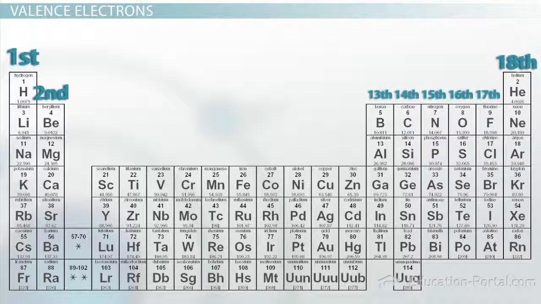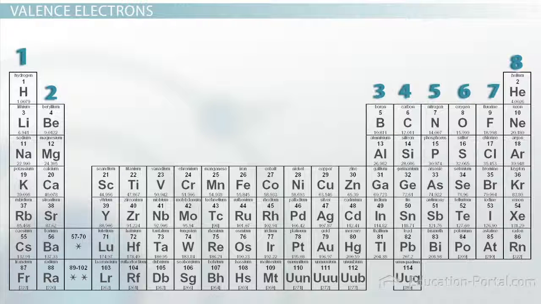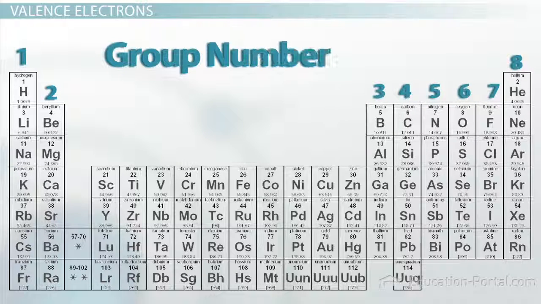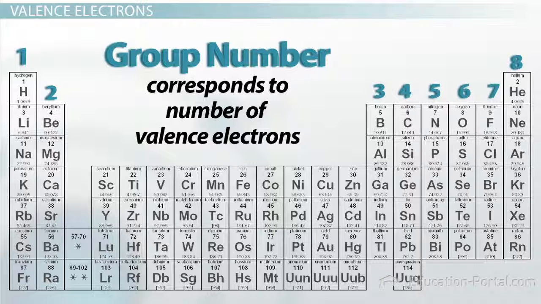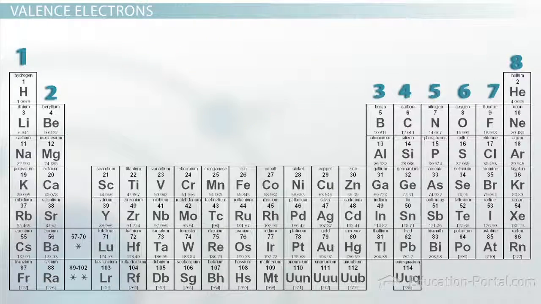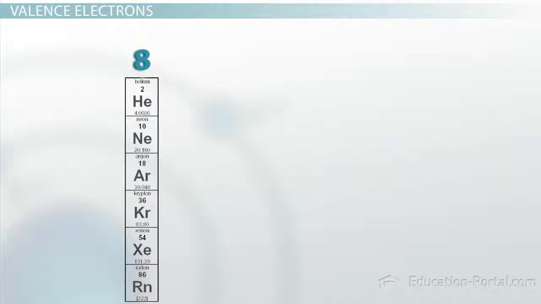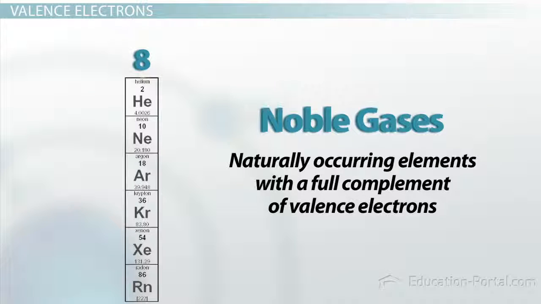And what you can see here is that the first, second, and then these other columns 3, 4, 5, 6, 7, and 8 are sometimes referred to as groups 1 to 8, signifying atoms that have 1 through 8 valence electrons. And all of the atoms are aspiring to be like the atoms in this 8th column because all of these atoms have 8 valence electrons and are most stable. And these atoms are referred to as noble gases.